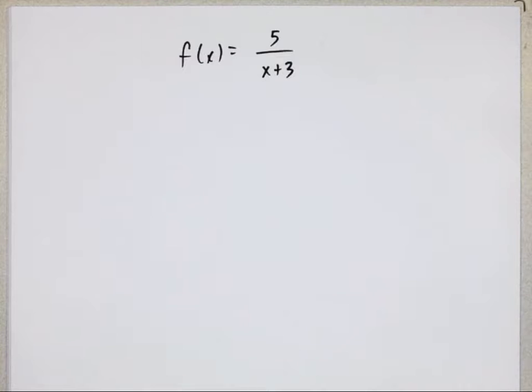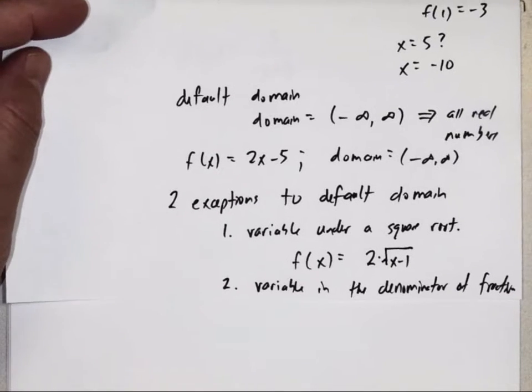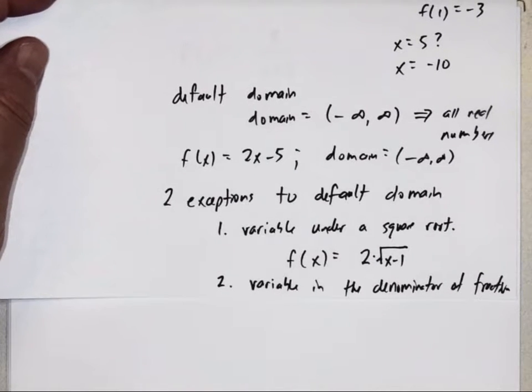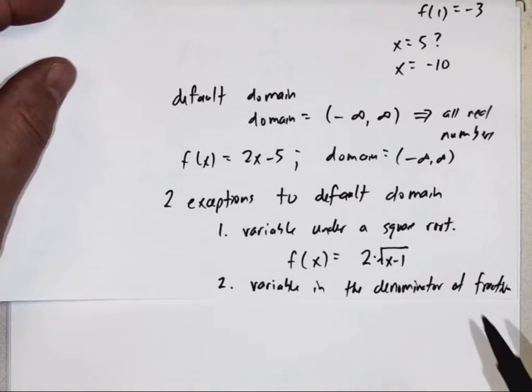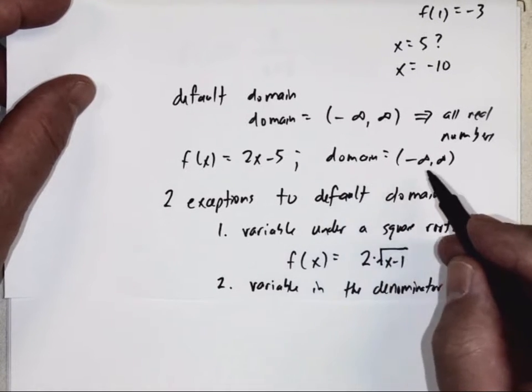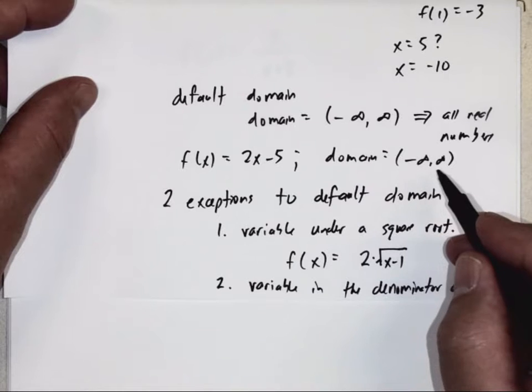So just to review, in terms of the concept, whenever you're asked to find the domain of a function, and your function is an equation, the first thing you do is start out just assuming the domain is all real numbers, or the way we write that as an interval is negative infinity to infinity.